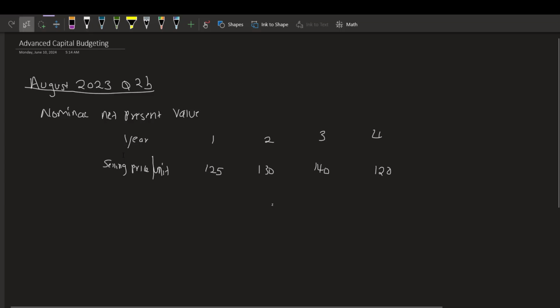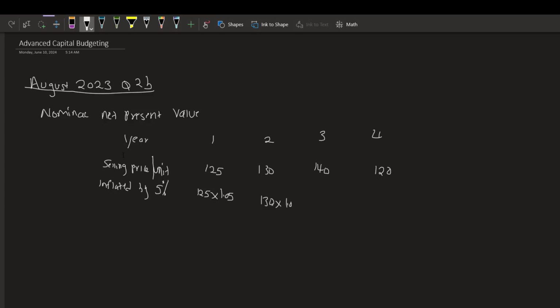Inflated by 5% annually. So we have 125, multiply that by 1.05. Good. Next, we have 130, multiply that one by 1.05 power 2.